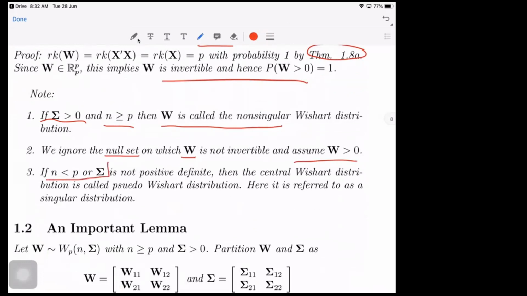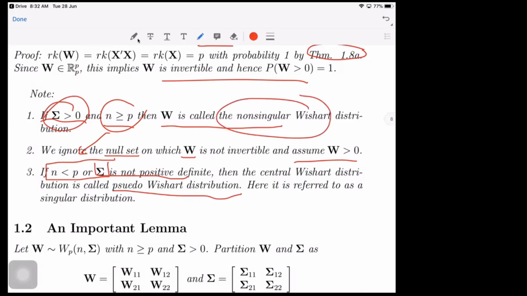But if either of these two conditions is not satisfied, that is, n is less than P, or sigma is not positive definite, then the central Wishart distribution is called a pseudo-Wishart distribution. Here it is referred to as a singular distribution.